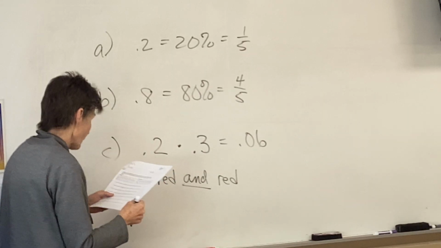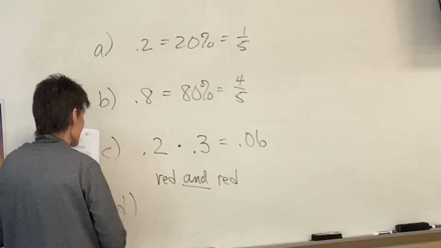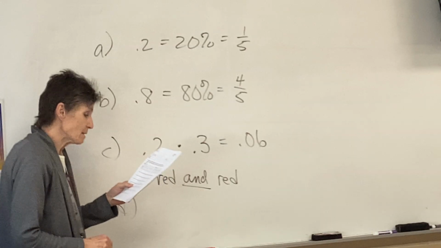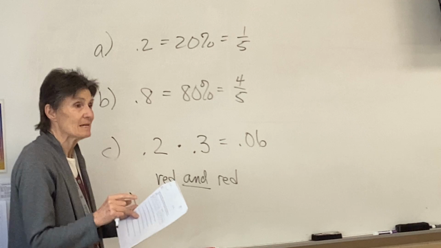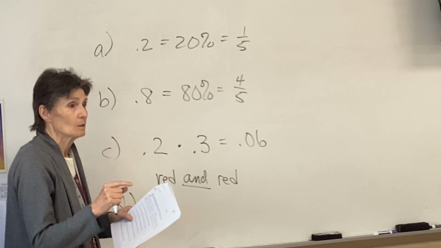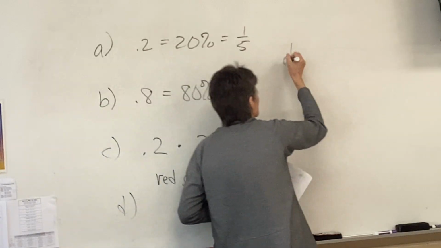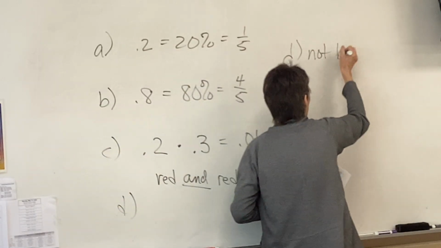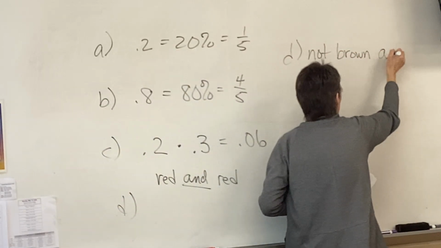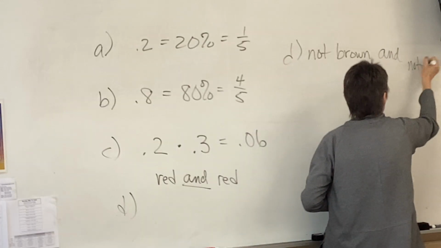All right. If a candy is chosen from each bag, what is the probability that neither will be brown? So that means not brown and not brown.